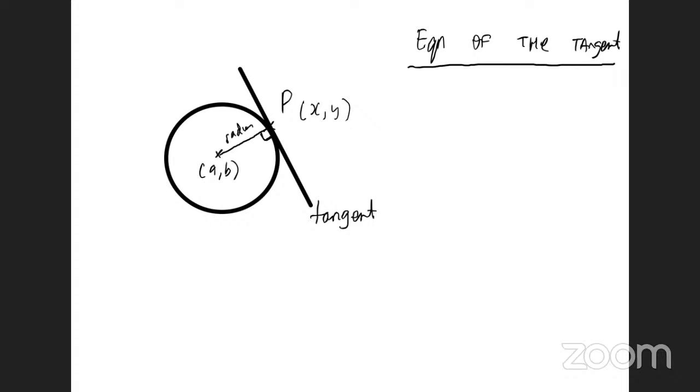Yes, we have P. How do we get the gradient of the tangent now? Yes, find the gradient of the radius. We have 2 points. Then find the negative reciprocal and then use the equation. Three steps. Step number one is find the gradient.